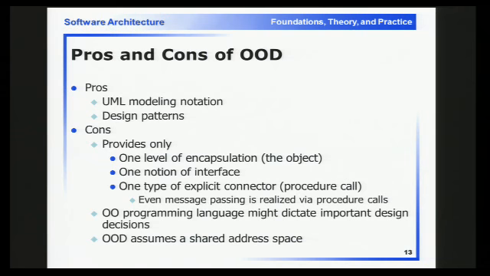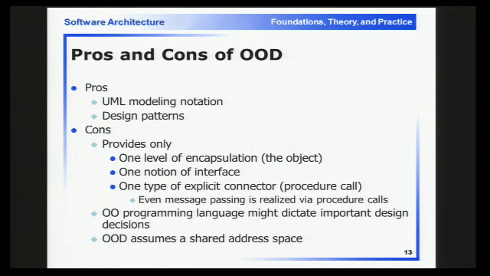Object-oriented design assumes a shared address space. This also imposes some limitations on evolving our design and architecture to support future cyber-physical systems, distributed systems, and grid-based systems.